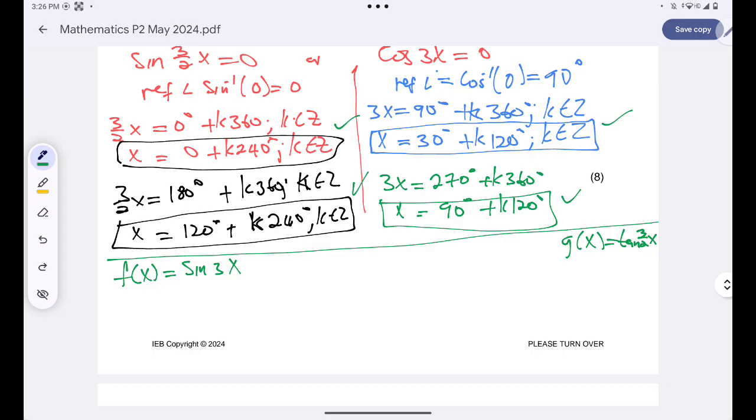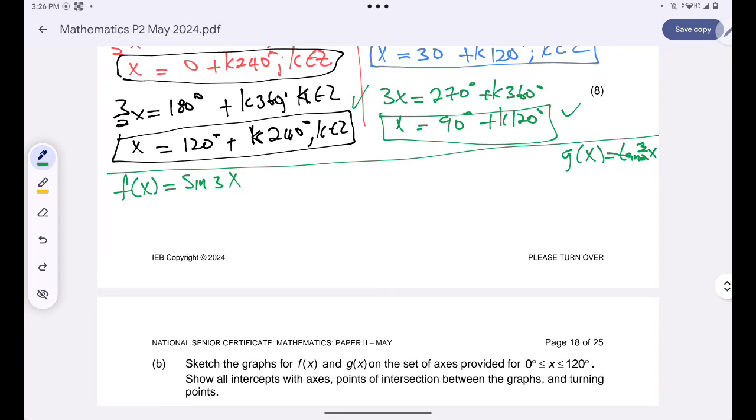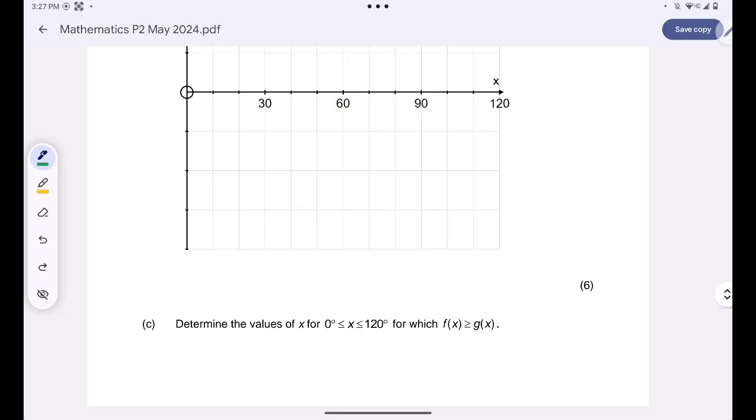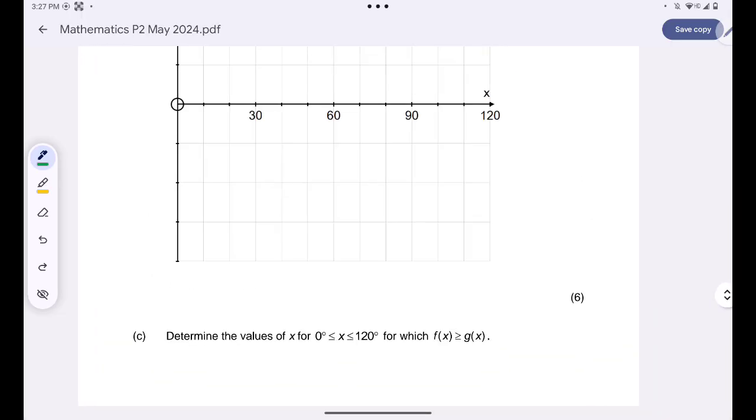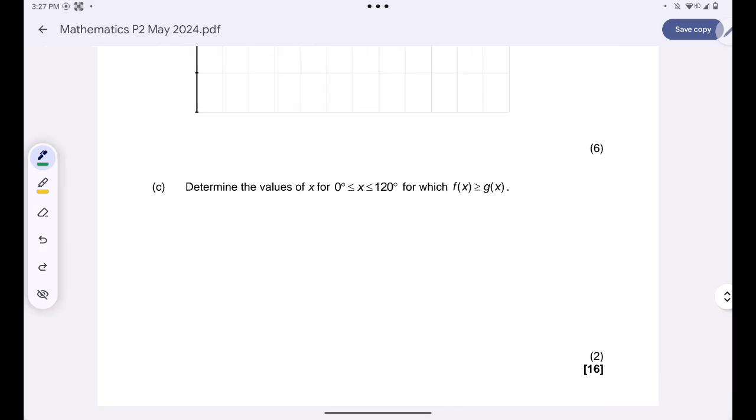Okay, let's draw these graphs. Firstly, let's start with the graph of sine. Do you have space there underneath? We do have space. f of x is equal to sine 3x, right?